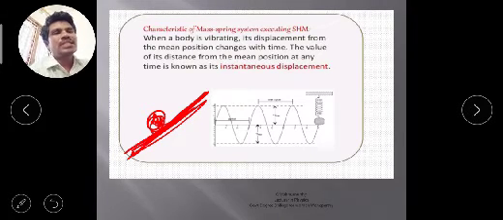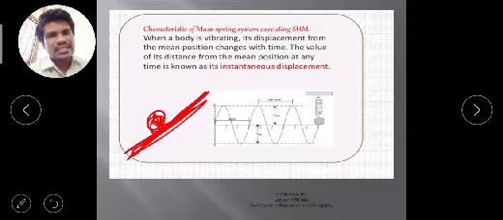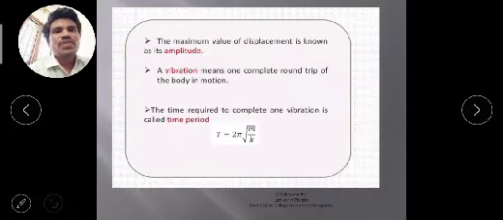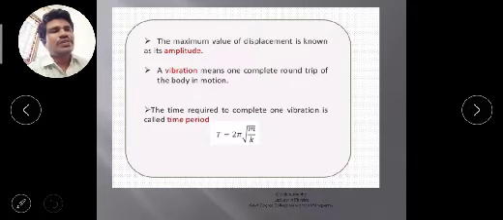That displacement is called the instantaneous displacement. The maximum value of displacement is known as its amplitude. We know that the maximum displacement is always called the amplitude, that is A is equal to y maximum, or A is equal to x maximum.